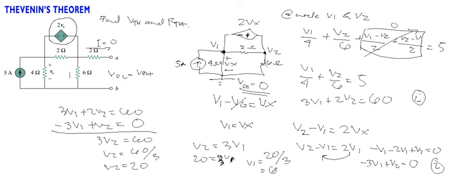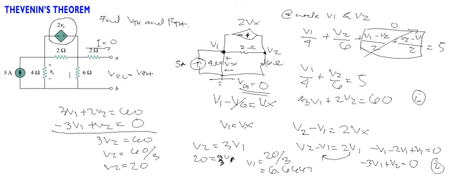We have 6.6667, kasi 20 divided by 3, that is a repeating decimal. So, yan. Now we have this one.